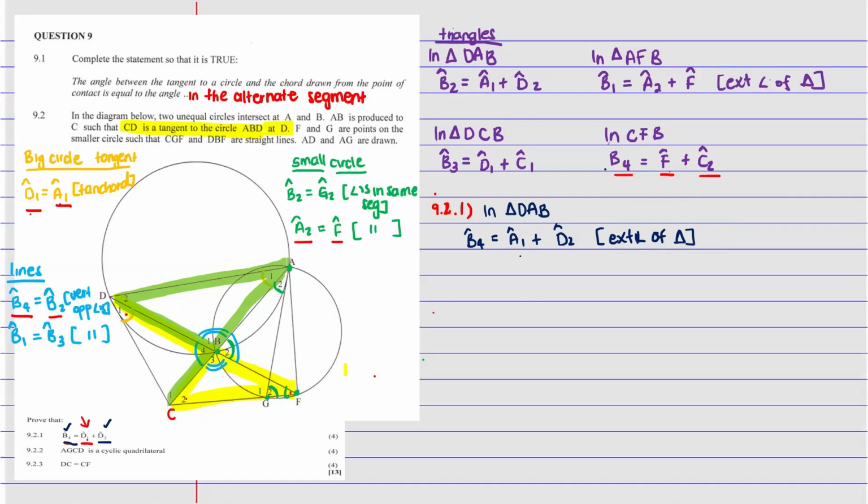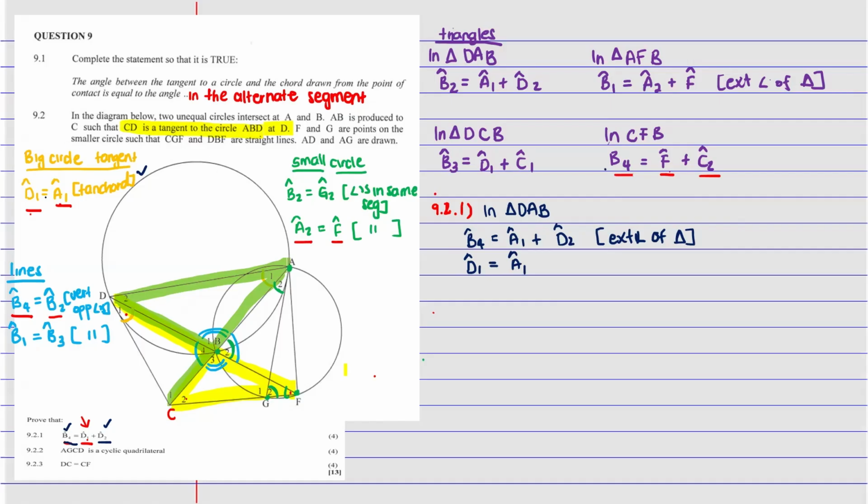Now we have our D2 and we have our B4. Now we need to get rid of A1. But what do we know? We know that angle D1, which is what we want, is equal to angle A1, which is what we want to get rid of.